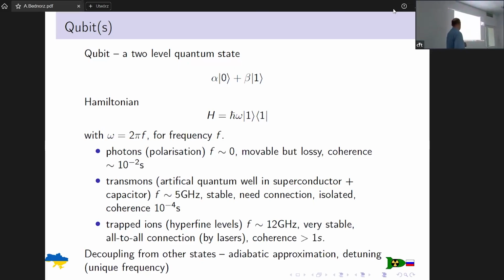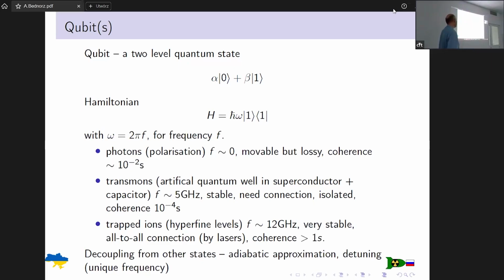They are connected not directly, but by lasers. So if you shine a laser on two of these qubits of ions, then there is some kind of connection. What is important, you need to decouple them from other states, because then it's not a qubit.